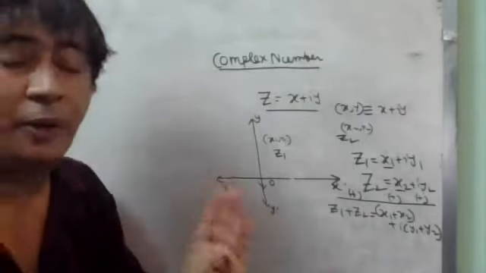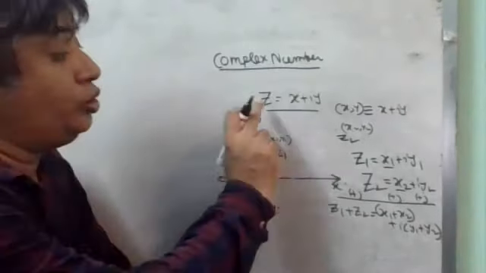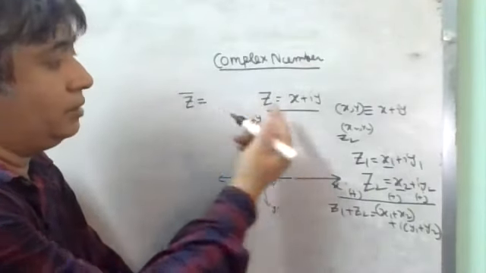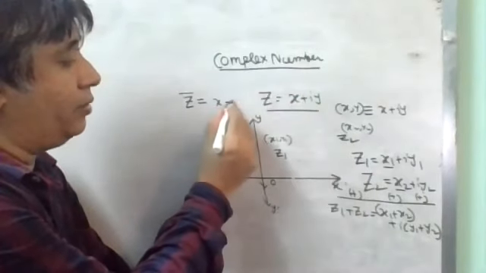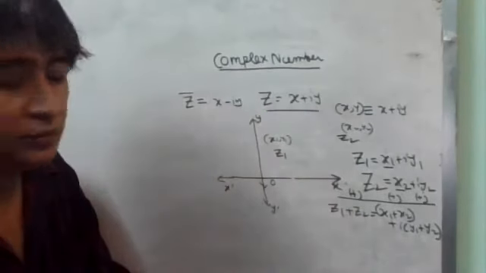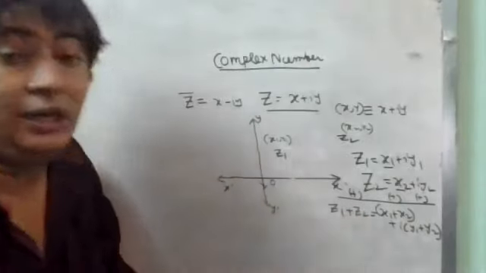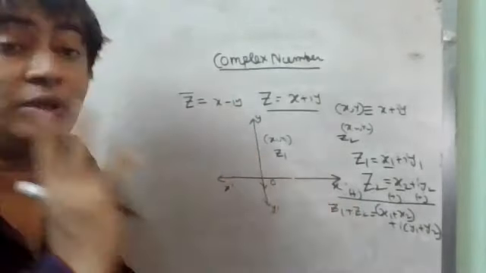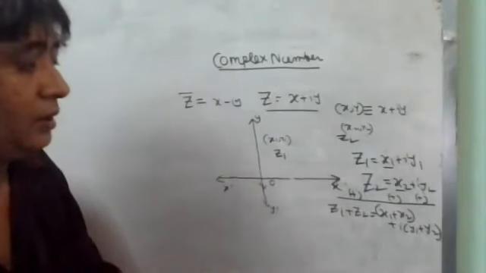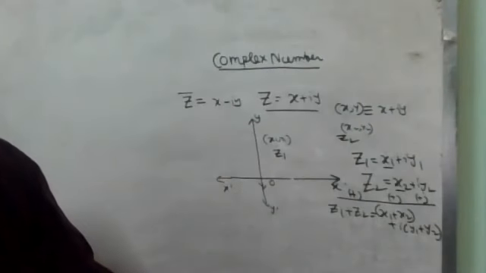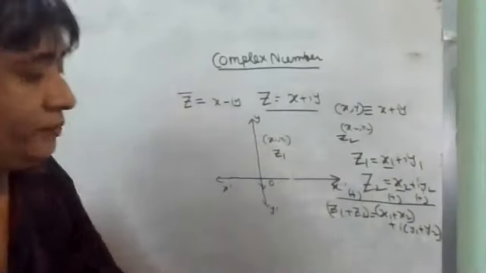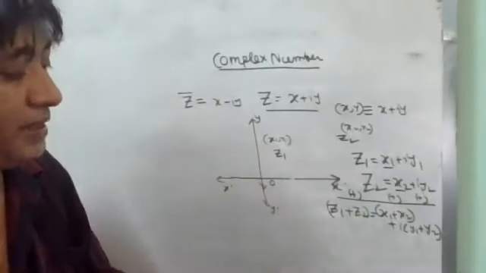Now, one property we were taught in the last video, the conjugate of z, with the bar sign on top, z bar. What is that? x minus iy. So here z1 plus z2 means the addition of z1 and z2, the resultant. In vector, you were taught resultant vector, AB plus BC, AC. This z1 plus z2 is itself a complex number.